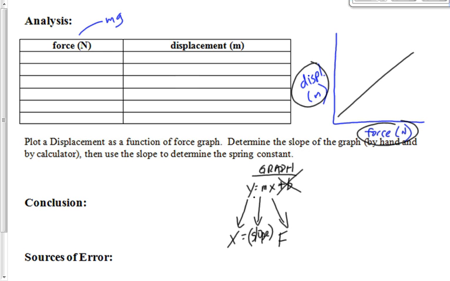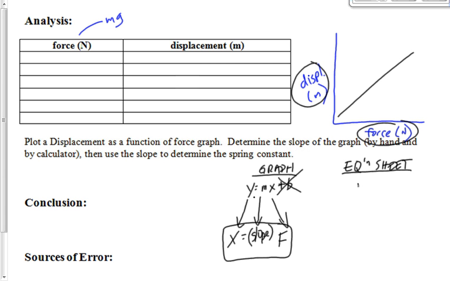The y-intercept should be pretty darn close to 0. Theoretically, it should be exactly 0. So we'll cross that off. There is no y-intercept. I'm left with this equation that describes this graph. Now I want an equation for my equation sheet. What equation from my equation sheet has both F and x in it?